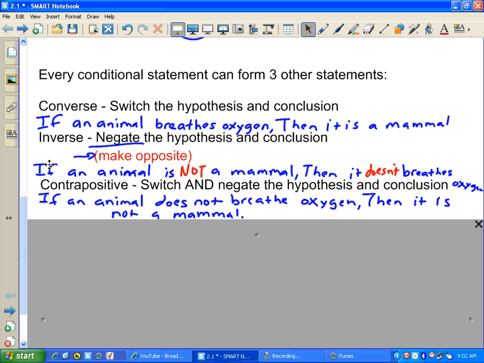I can't think of any animals that don't breathe oxygen that would be a mammal. The things that don't breathe oxygen would be microscopic organisms, and those are not mammals. Or an alien, an alien does not breathe oxygen, maybe, I don't know. But we don't classify aliens as mammals, they'd be their own species. See, the contrapositive is true, because I can't think of a counterexample.